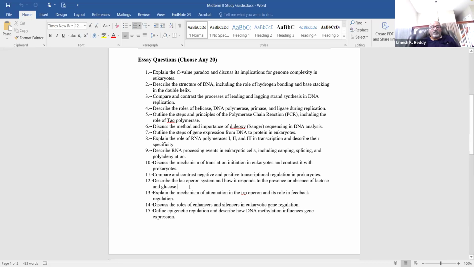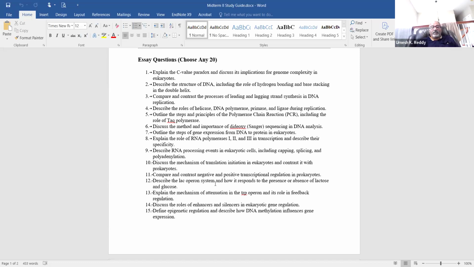But what happens initially? How is this system switched on when there is no lactose inside? When absolutely there is no lactose inside, how is the lac operon system maintained? Through a protein called CRP. What is CRP? cAMP receptor protein.